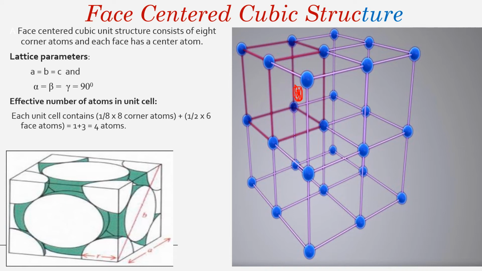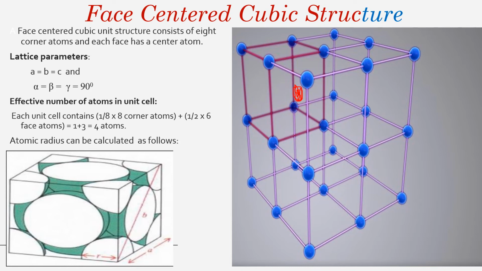So this atom is contributing only half part to the red unit cell. In the red unit cell there are 6 faces, so half into 6 faces. So that is 1 plus 3 is equal to 4 atoms. So there are in all 4 atoms in an FCC unit cell.